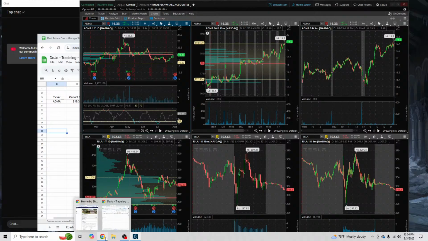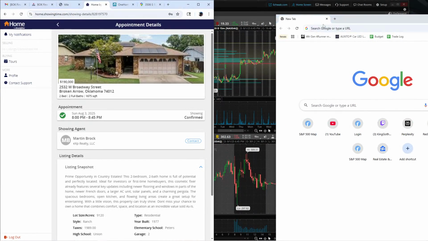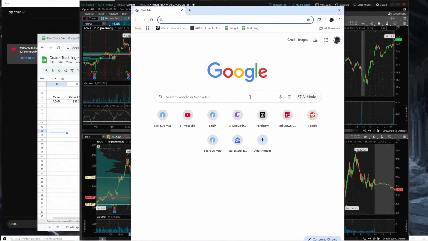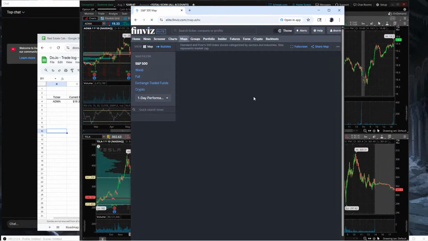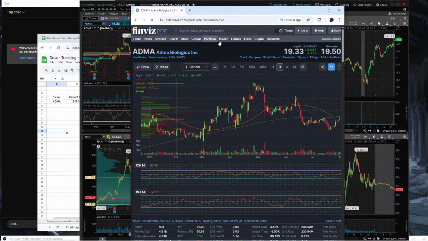Let's do it like this, because I know I can use this. This will give me much better data at a glance. After market, it's trading at 1950, so that's not bad.